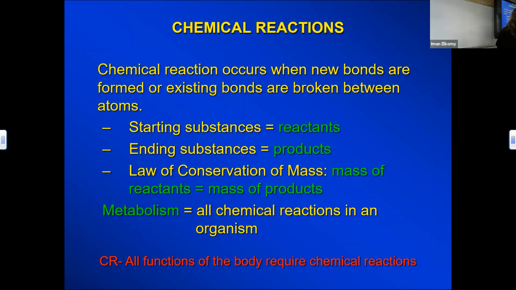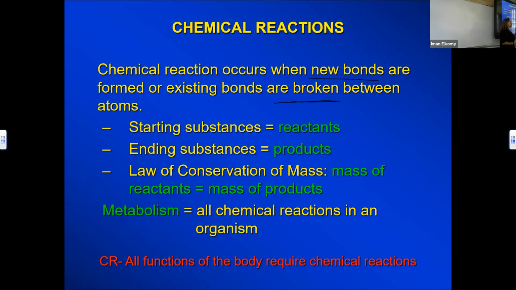Okay, so we've broken down the whole atoms, molecules, compounds, the different bonds that they can form, whether it's ionic, covalent, or hydrogen bonds. Let's talk about the reactions that these elements and these compounds are going to go into. A chemical reaction is any time you either create a new bond or break an existing bond.